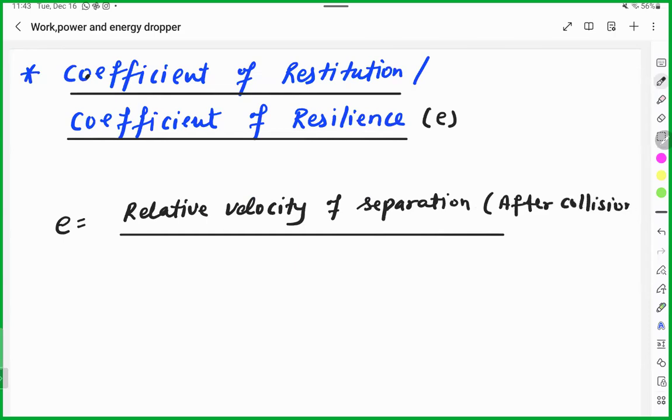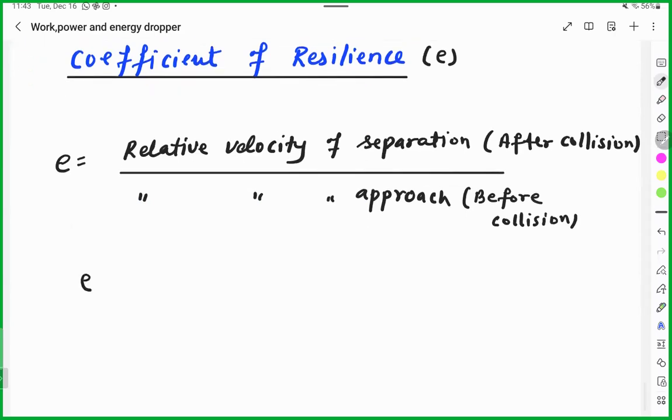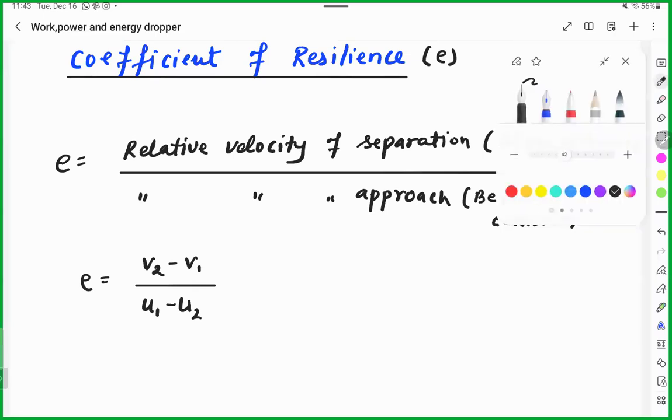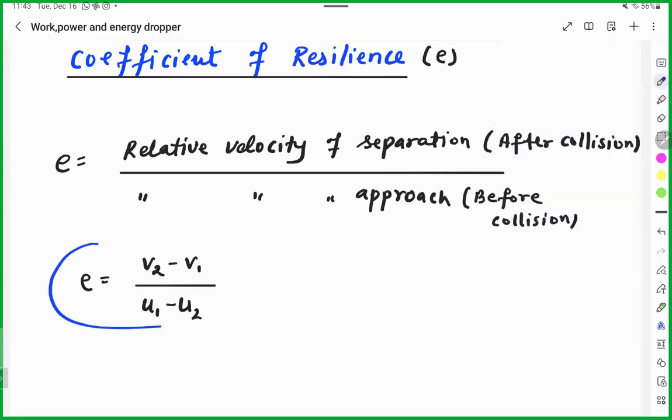To make it easy, I always write after collision. And this is the relative velocity of approach, when they are approaching each other, which means it is happening before collision. So, can I say relative velocity of separation is v2 minus v1, and the relative velocity of approach is u1 minus u2, because u1 was more. That's all. Done. This is the coefficient of restitution.